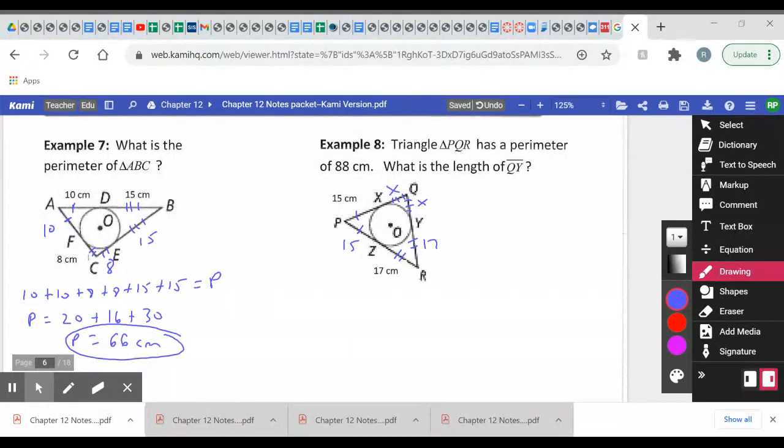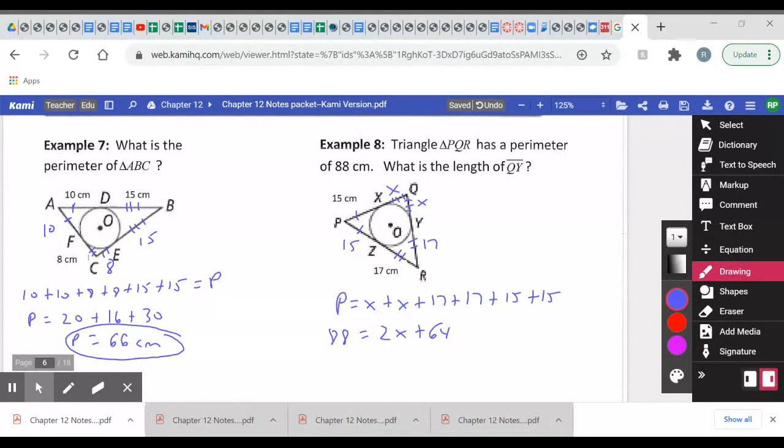Okay, so now if I set up an equation, I know that the perimeter is equal to X plus 17 plus 17 plus 15 plus 15. And again, I know the perimeter, so I'm going to substitute 88 in. X plus X, I know, is 2X. And now if I add up 17 plus 17 plus 15 plus 15, I get 64.